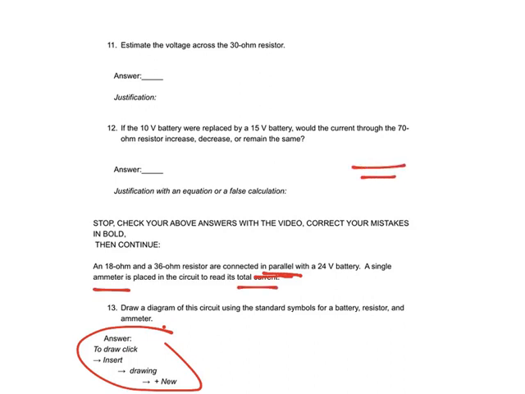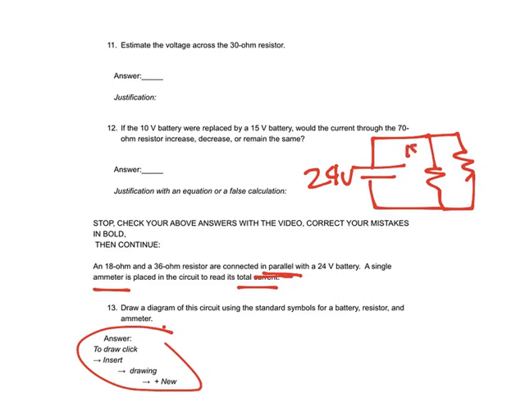So for this, that means we had a 24 volt battery, and these must be connected on two different paths because they're in parallel. Parallel means we need two different paths. It doesn't matter which, but one's an 18 ohm and one's a 36 ohm.